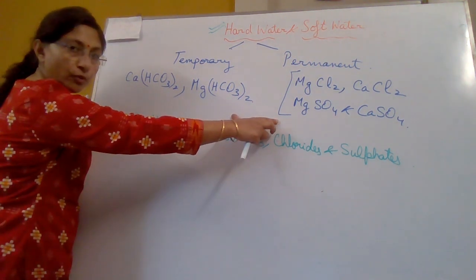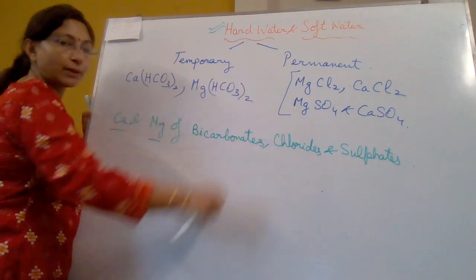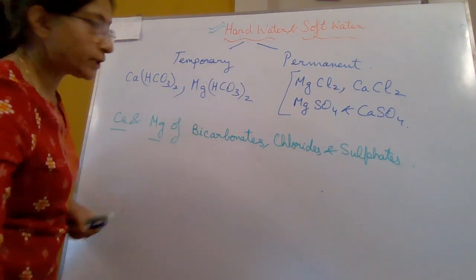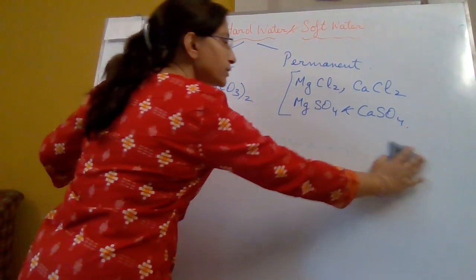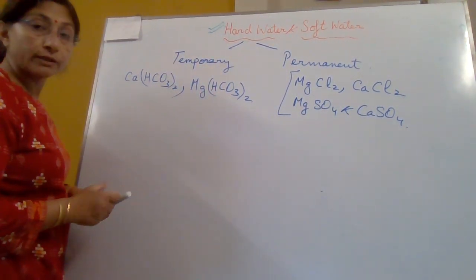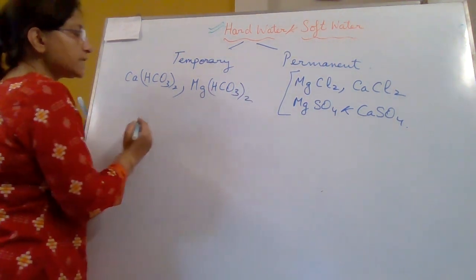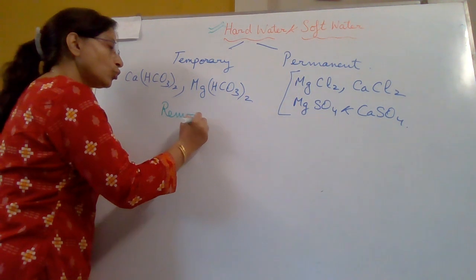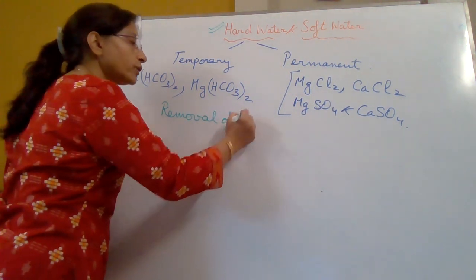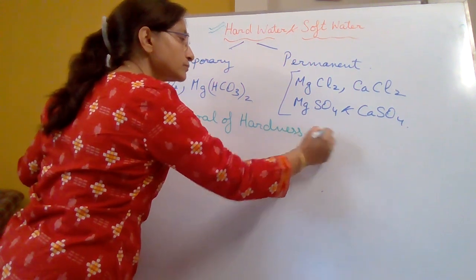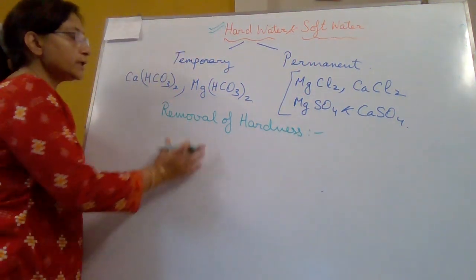Since different types of salts are present in temporary and permanent hard water, obviously different methods are applied to remove them. So what are the different methods by which this hardness can be removed? So that is removal of hardness. Alright.